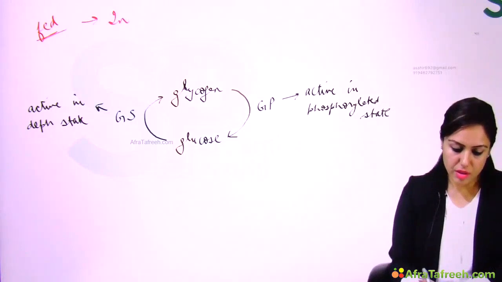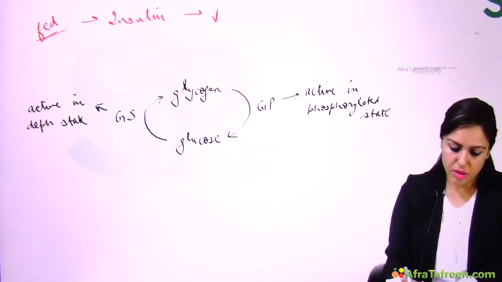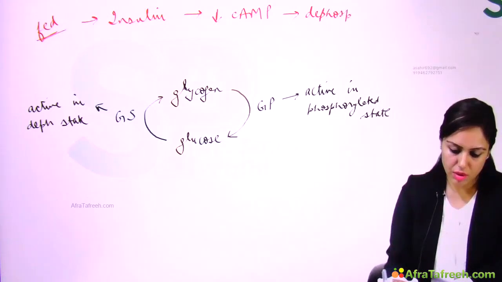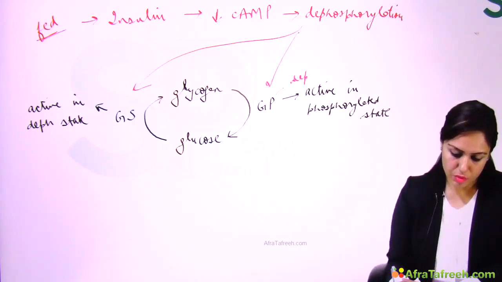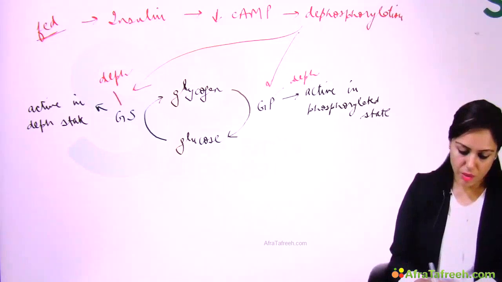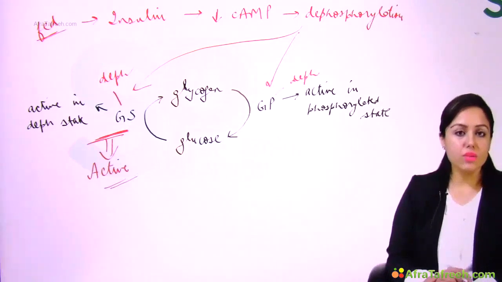In fed state, hormone is insulin. Insulin will decrease cyclic AMP, and insulin causes dephosphorylation. So at this point of time in body, all the enzymes will be dephosphorylated. Now when glycogen synthase is dephosphorylated, it is active.